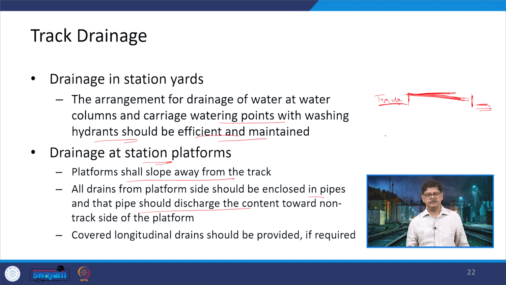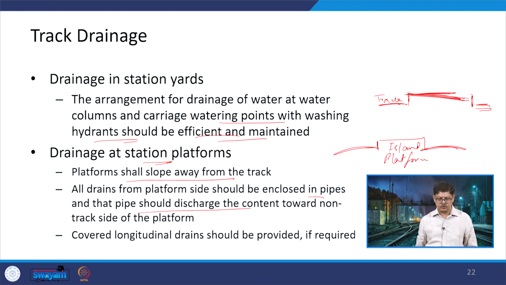But there is a possibility that you have a platform and there is a track on this side as well as a track on this side. So, this is defined as an island platform. In this case, to which direction do you have to take that content, and where does the discharge have to be done? It says that it should be done towards the area which is not as important compared to the other side.